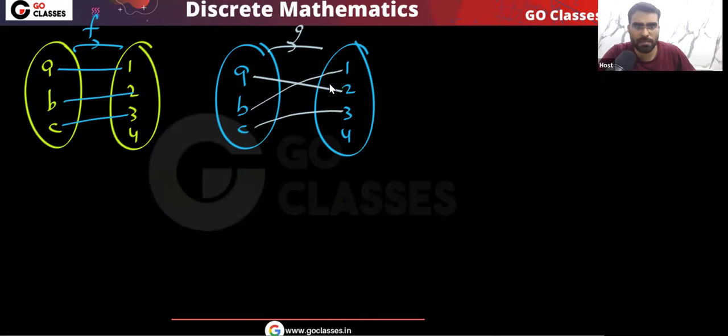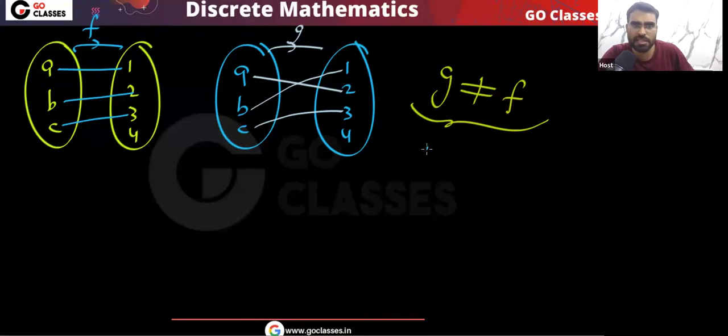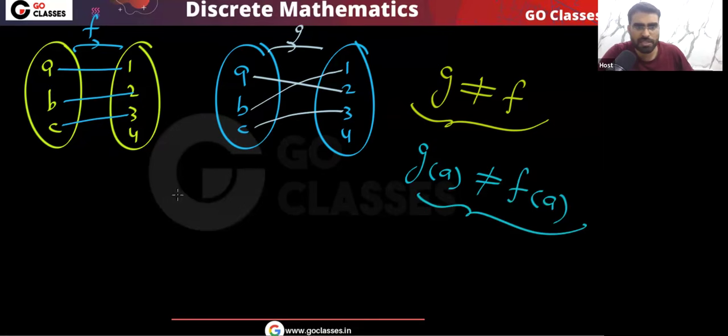Are they different or same? You can clearly see g is not same as f because the mapping is different. You can easily see that g of A is not same as f of A. But here you can notice range, domain, codomain, everything is same. Yes or no?